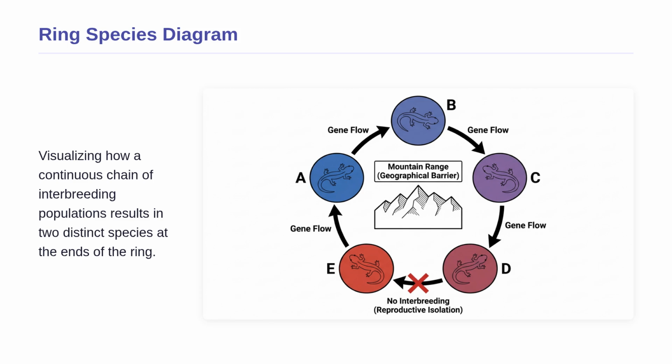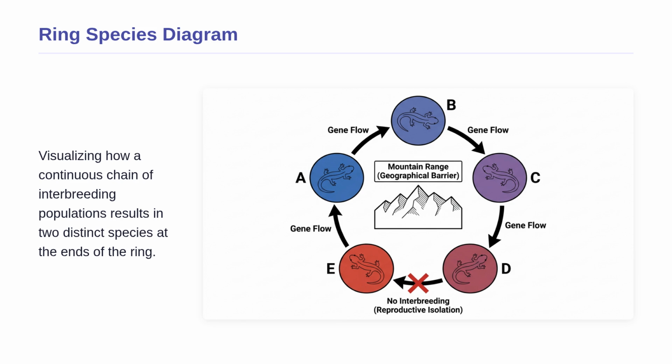Let us look at this diagram to visualize a ring species clearly. In the center, we have a massive mountain range acting as a geographical barrier. Notice the chain of salamander populations, labeled A through E, forming a ring around the mountain. The arrows between them represent gene flow, meaning neighboring groups can interbreed.